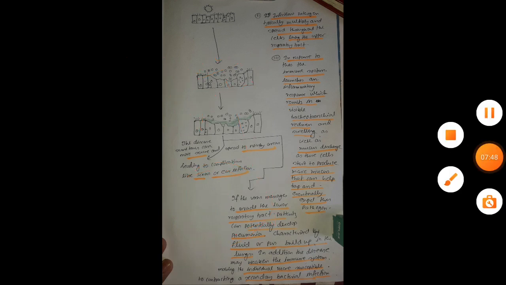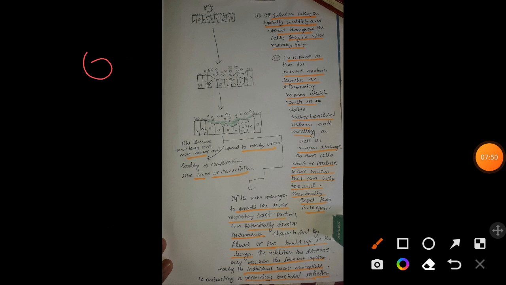And how does influenza virus do this? First of all, influenza virus enters the upper respiratory tract. It starts to multiply and spread throughout the cells lining the upper respiratory tract. After that, the immune system starts launching an inflammatory response. This inflammatory response is the reason for tracheobronchial redness and swelling.